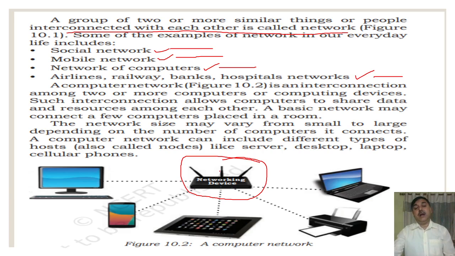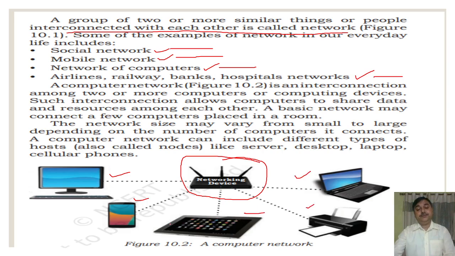You are building up an interconnection with many people. So there is this networking device you install in your home. After you install it, you connect it with other different types of devices. Like here you can see, this is a desktop, this is a note, this is a device, this is a printer, this is a laptop.